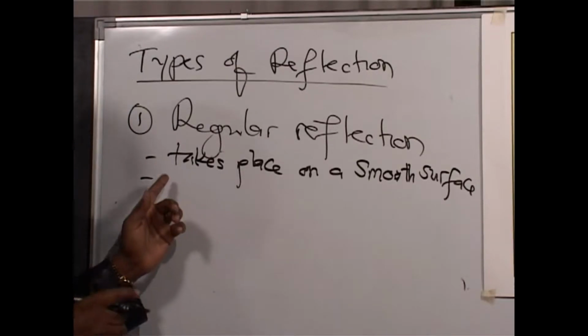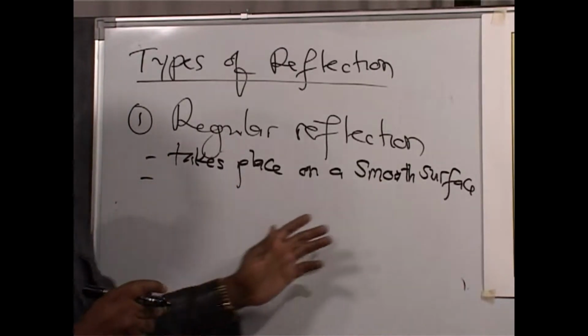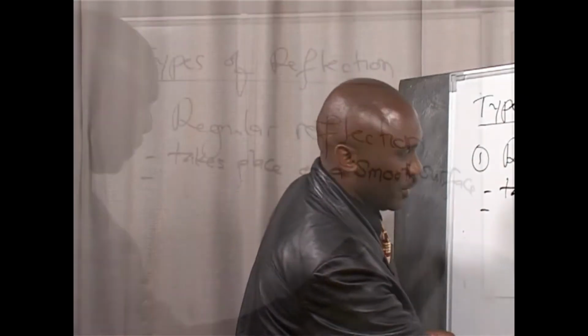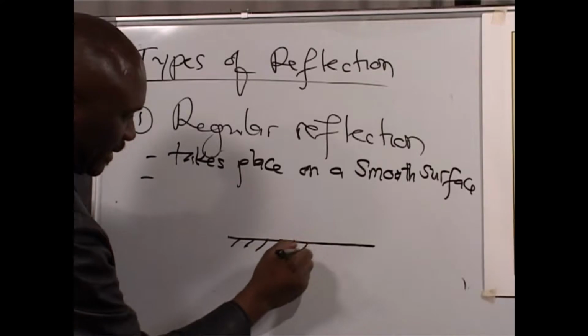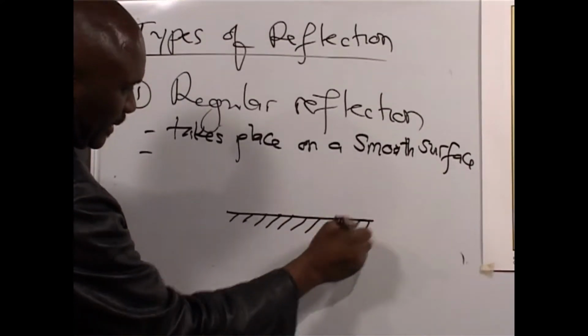This type of reflection takes place on a smooth surface. When this happens, most of the rays that bounce off the smooth surface will go in one direction. So we have a smooth surface like that, and we represent our reflecting surfaces in that way.